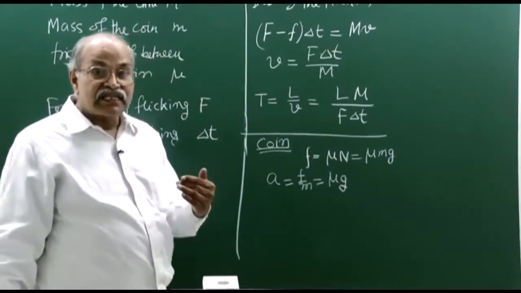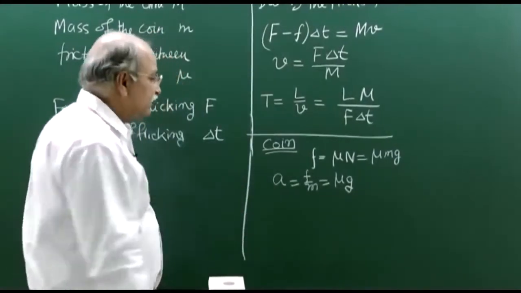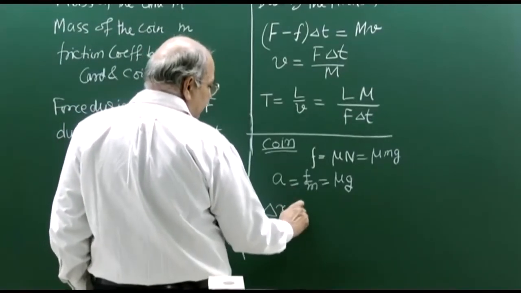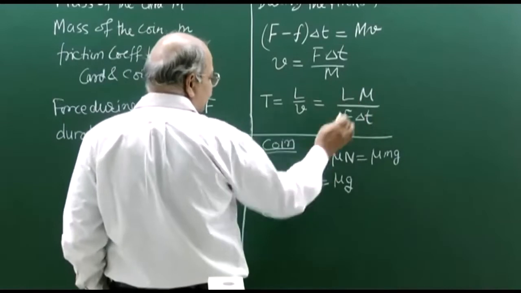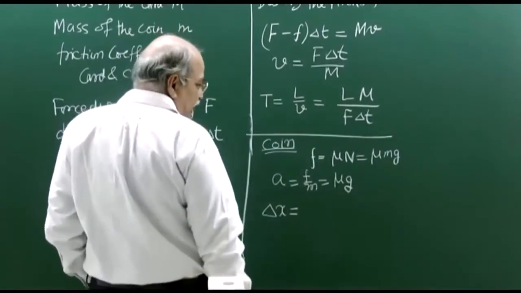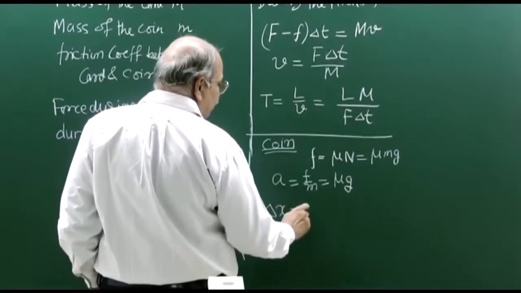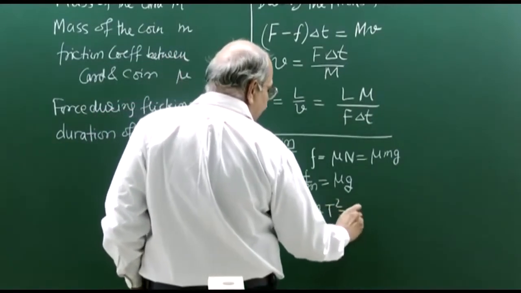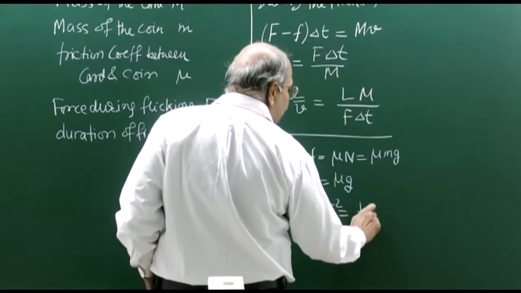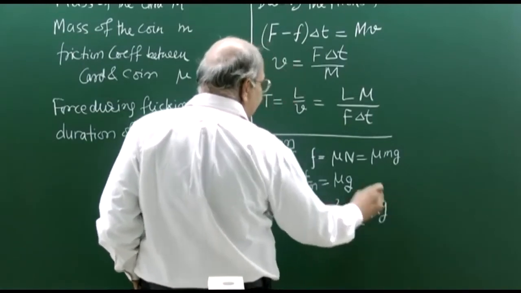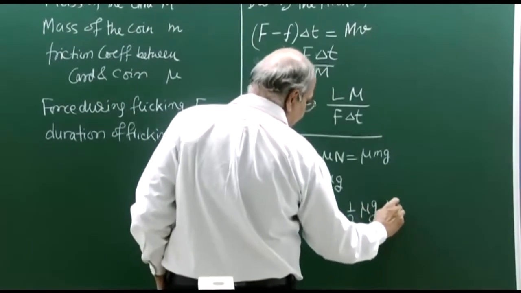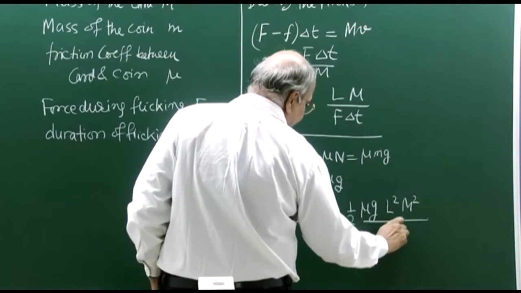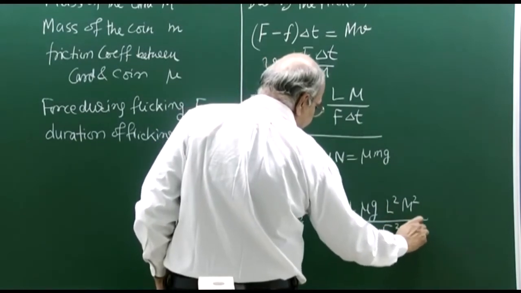So, the distance travelled by the coin, delta x, distance travelled by the coin in this time interval, when it finds no card below it, will be half into a into t square, and that will be half into mu into g, and t square means L square here, m square here, divided by F square here and delta t square here.